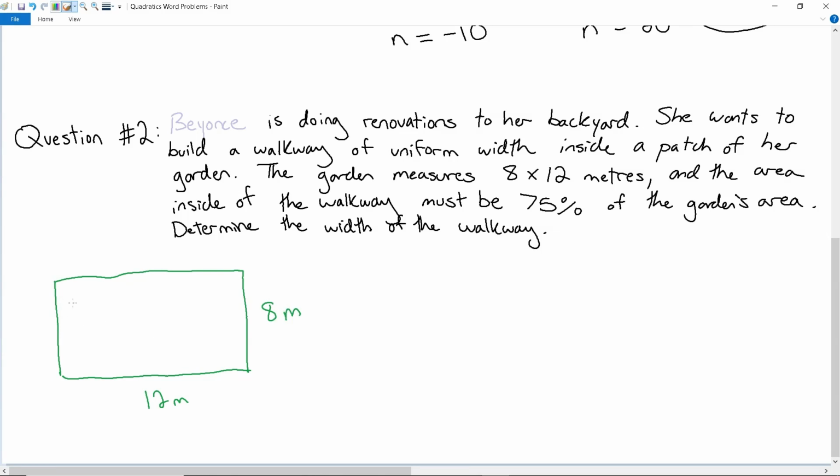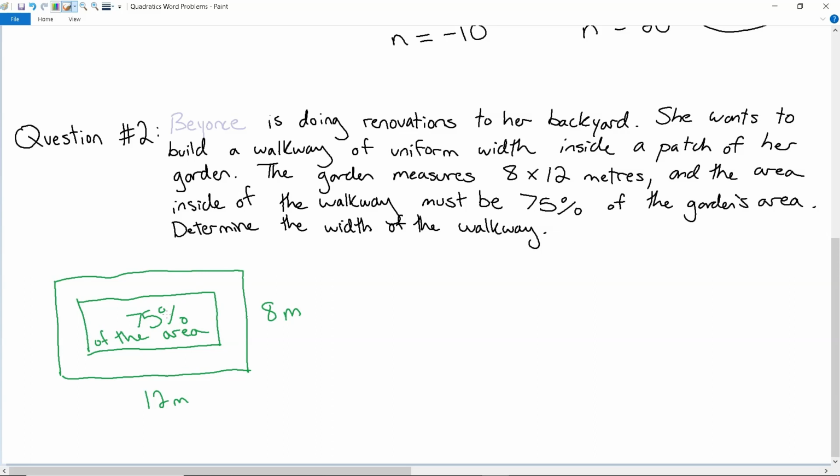I know that Beyonce wants a walkway, and the walkway is going to create a space in the middle that is 75% of the original area. But we want to determine what the width of the walkway should be.